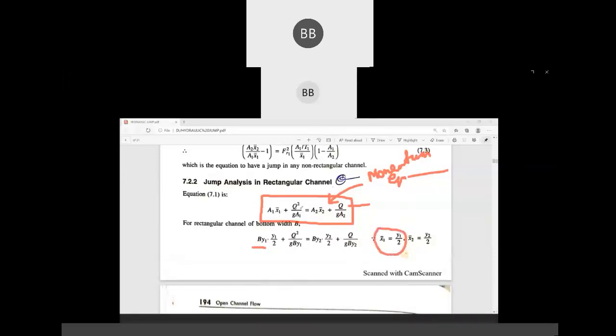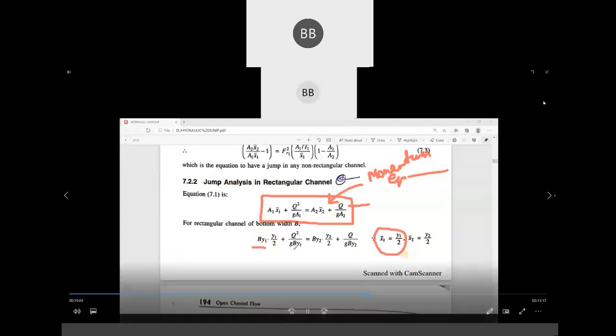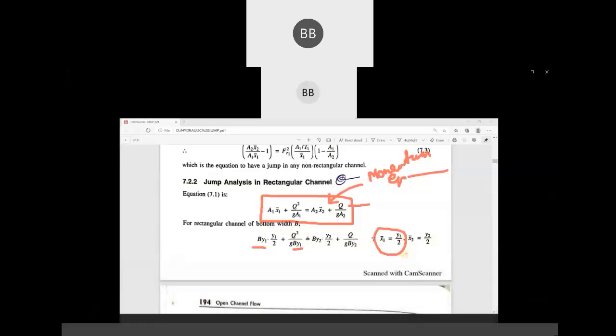Then Q square is already there, g, and in place of A1 again we have written b into y1, is equal to A2, which is again b into y2. X2 bar is y2 divided by 2 for a rectangular channel, plus Q divided by g, again in place of A2 we have written b into y2. The area of a rectangular channel is b into y.